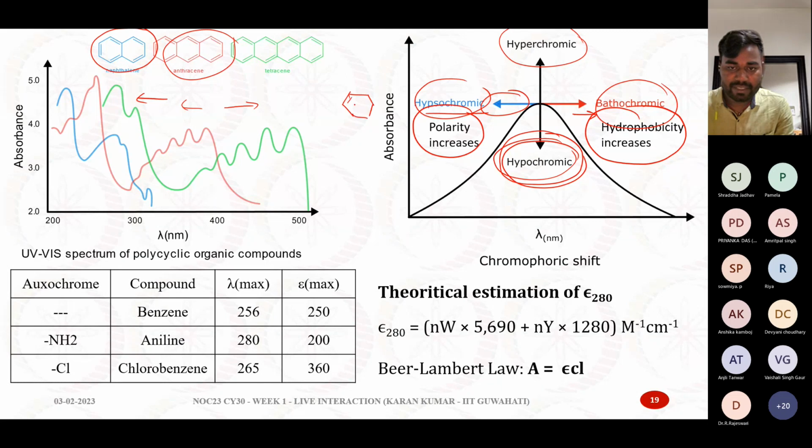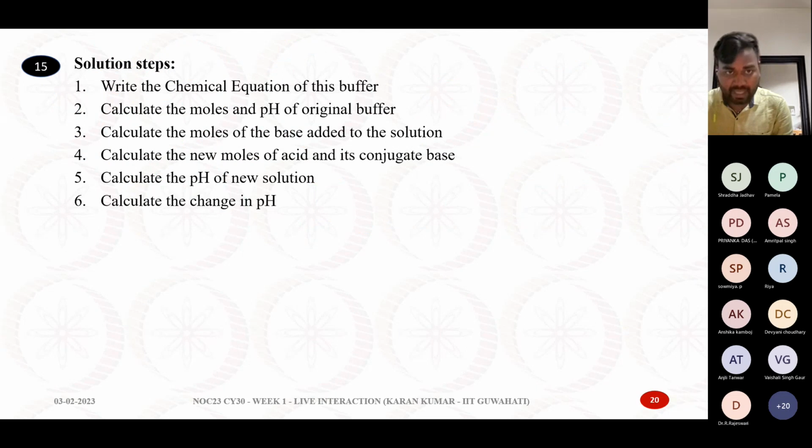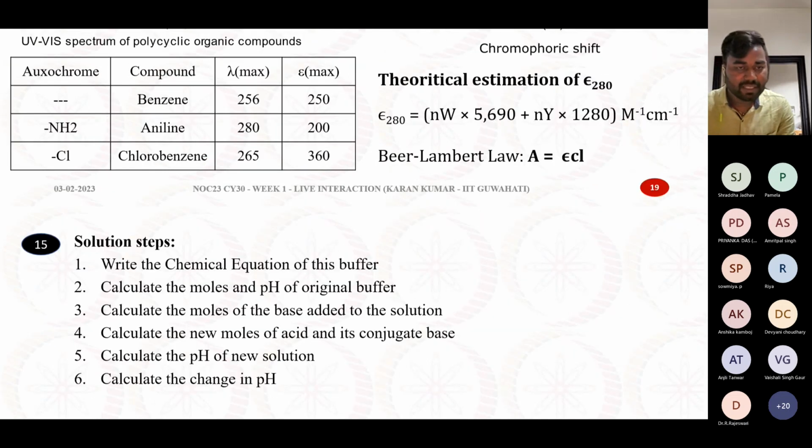Let us say you have a benzene ring, then there will be a certain kind of absorption spectra. But when you attach one more benzene ring, this will shift, because of naphthalene, anthracene, tetracene. Anthracene has 3 benzene rings.